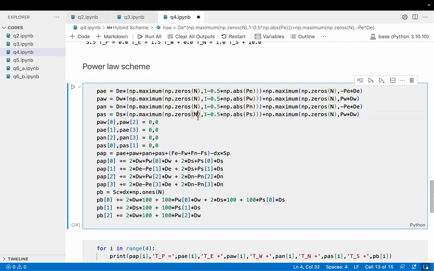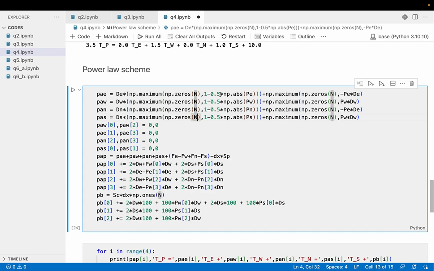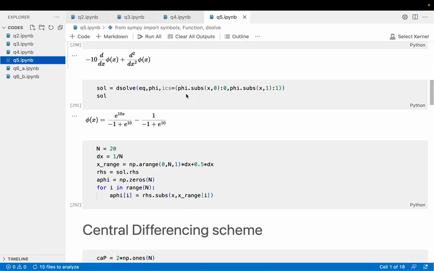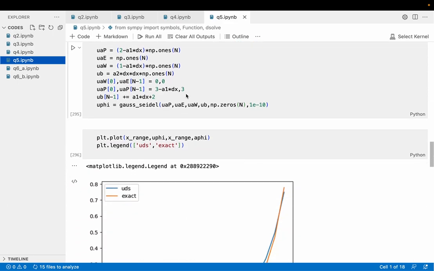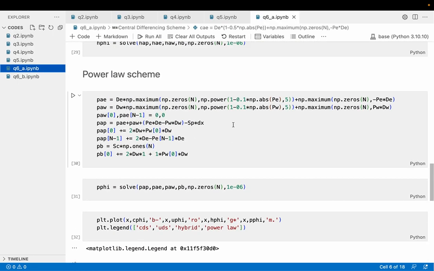The power law scheme is also very similar. The only difference is that instead of 0.5 you will be taking 0.1 here. Maybe I will show you the exact thing here. So this is the expression that goes with the power law scheme.